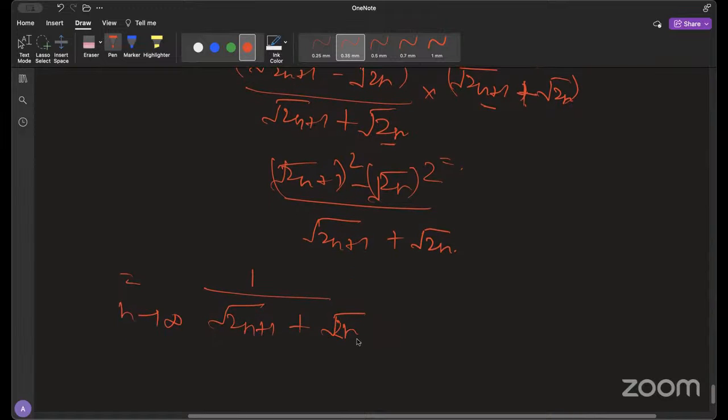One more thing: if you have a_n plus b_n, we've discussed that if these two limits are finite, then we can separate the limit over these. But we can do that here too, even though these two limits are not finite. Square root of 2n plus 1 tends to infinity, and square root of 2n also tends to infinity.